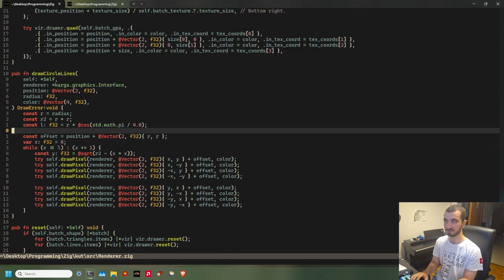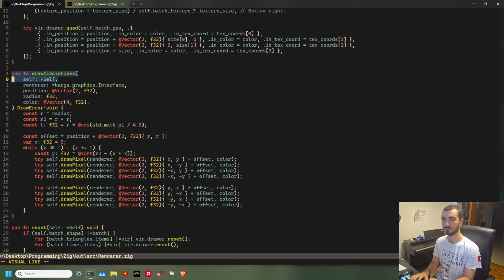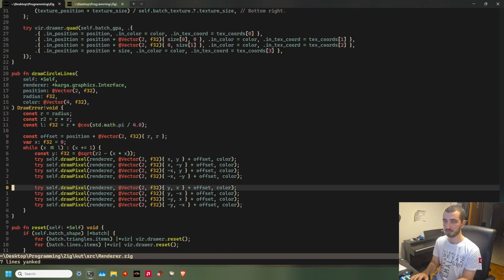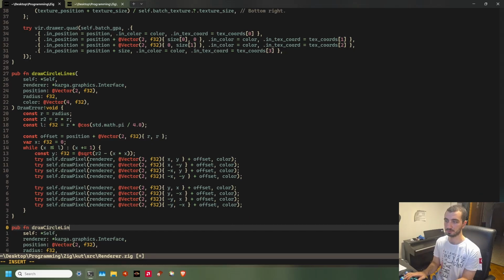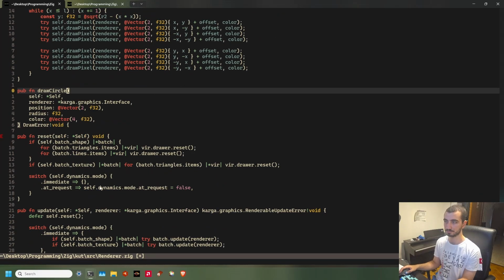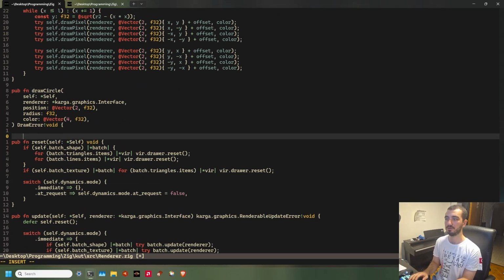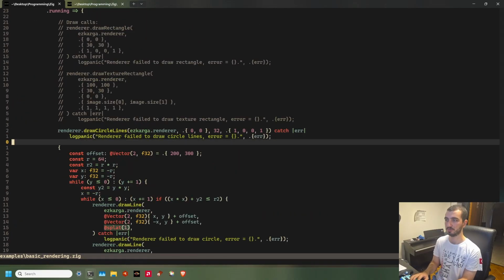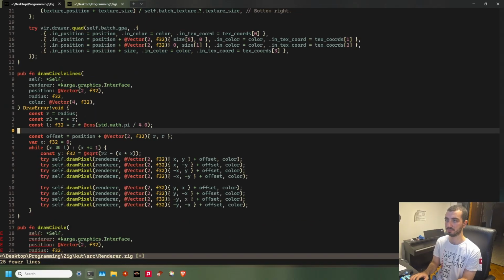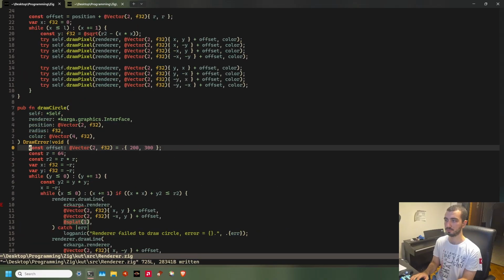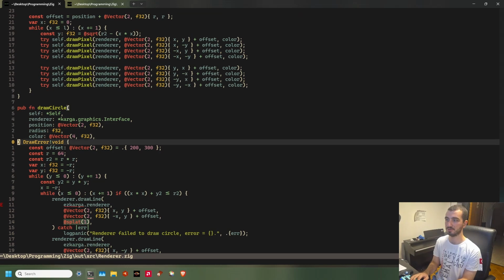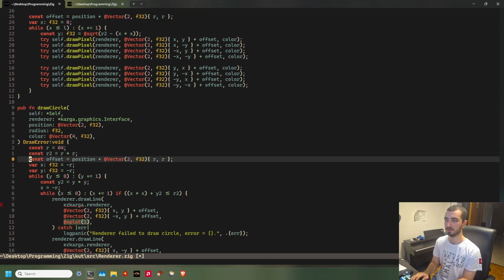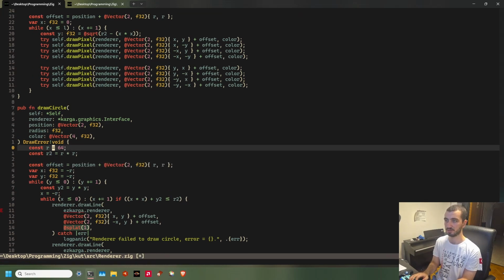Now let's create draw circle, right? And we're also just going to copy paste this thing. Boom. And the offset is just going to be this thing. And R is going to be radius.